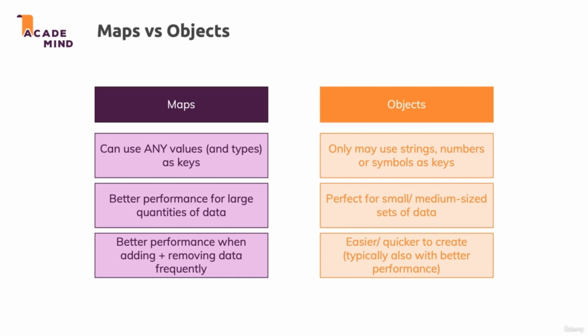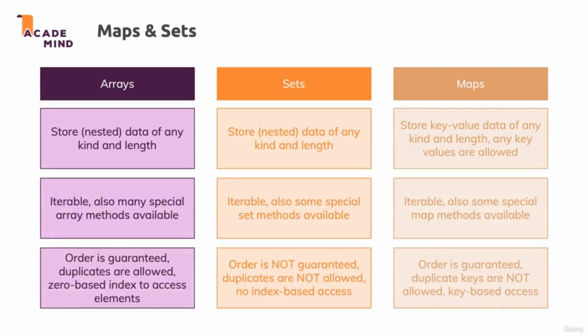So in general, the summary I want to give you here, not just about maps versus objects, but about arrays, sets, and maps and objects in general, is that in probably around 98% of cases, you will work with arrays and objects.